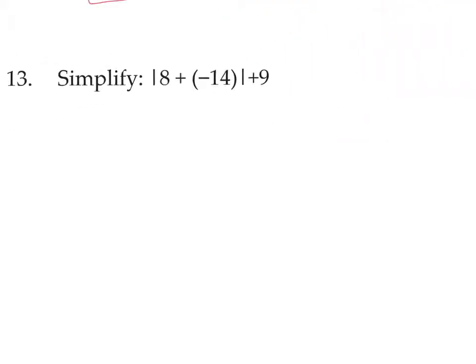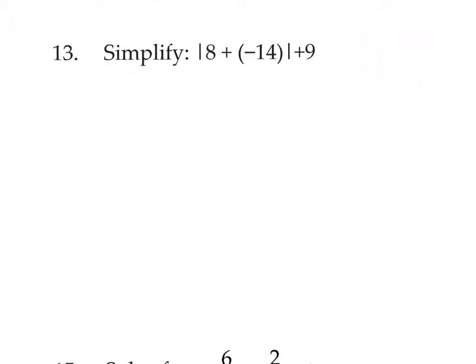Okay, on question 13, this looks a little confusing. I had a hard time reading this when I first read it, but these are absolute value bars right here, not number ones. So this isn't 18, this is absolute value. So we're going to rewrite it. Absolute value, 8 plus negative 14, and then close the absolute value, plus 9.